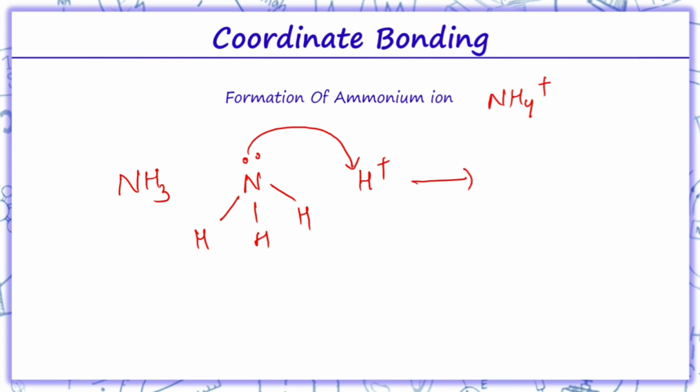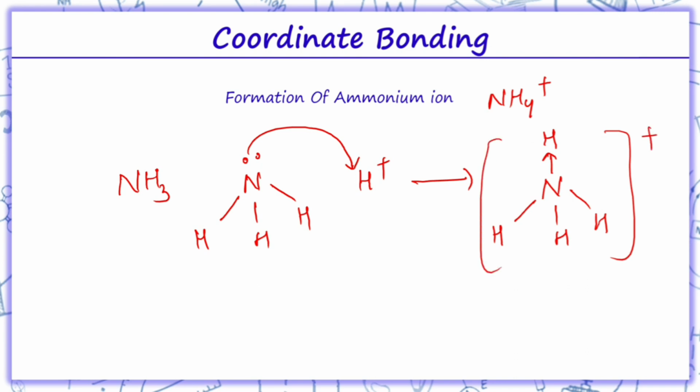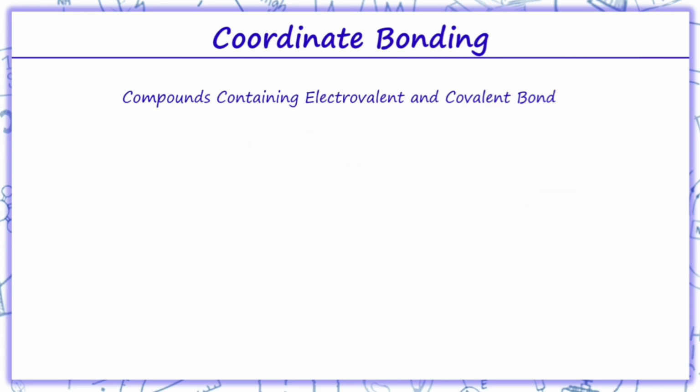Thus this lone pair is shared because H plus does not have any electron. So now the bonding, because 1 lone pair of electrons is shared, is a coordinate bond. H, H and H. Since this is plus, the plus sign comes here. So this is all about what a coordinate bond is, and we have discussed certain examples related to it.